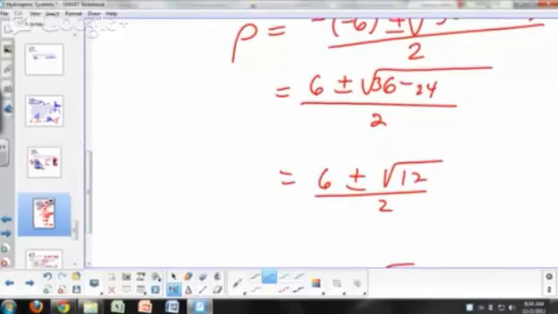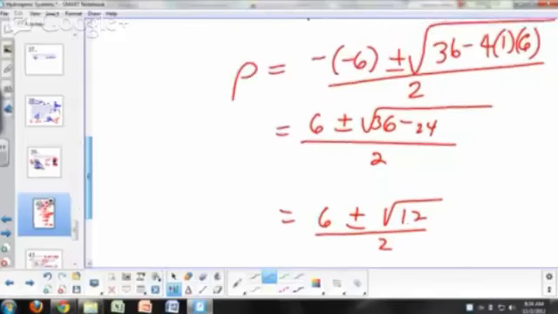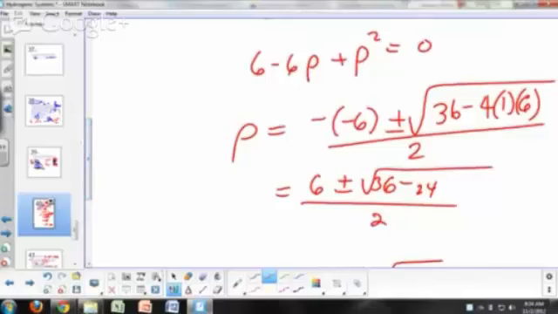Here it is worked out: negative b plus or minus the square root of b squared minus 4ac, over 2a. a is 1, b is negative 6, and c is 6.